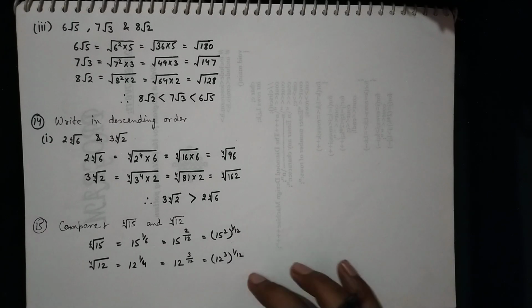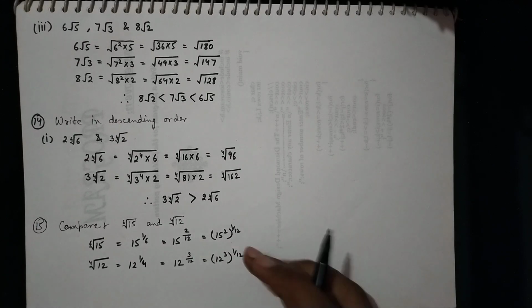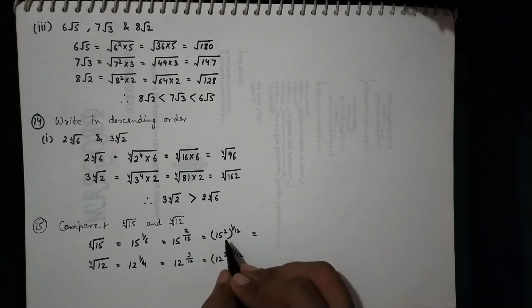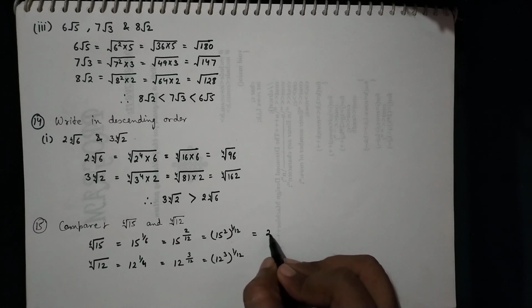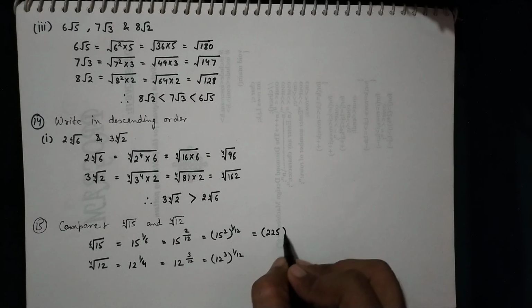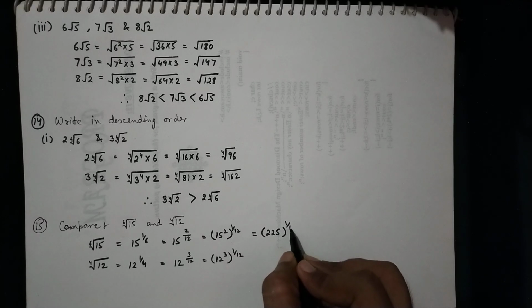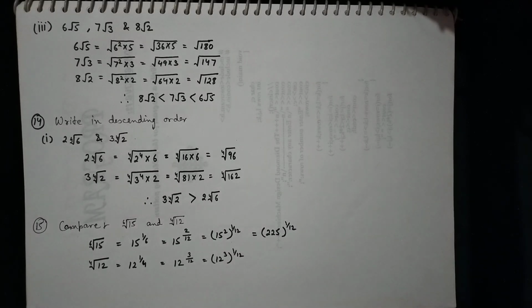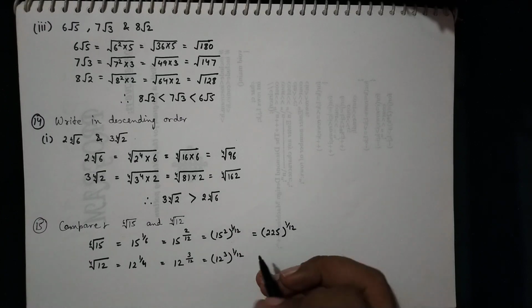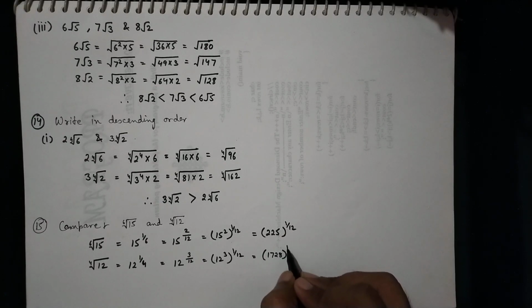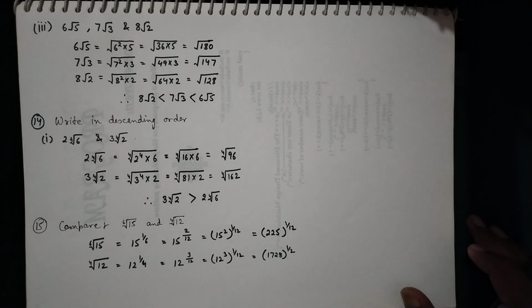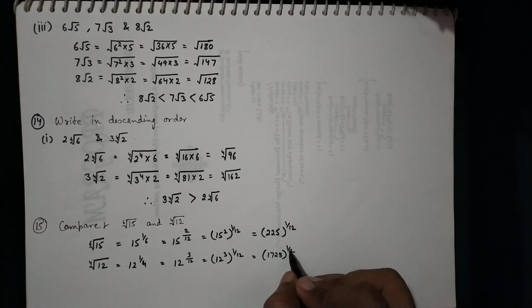Now they both have the same power on the top. Now 15 to the power 2 will be 225 whole to the power 1 by 12, and this will be equal to 1728 to the power 1 by 12. Now we can clearly see which one is greater and which one is smaller.